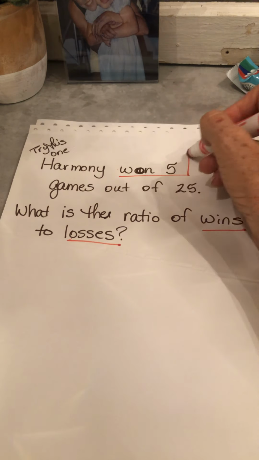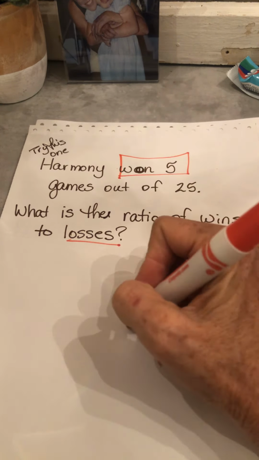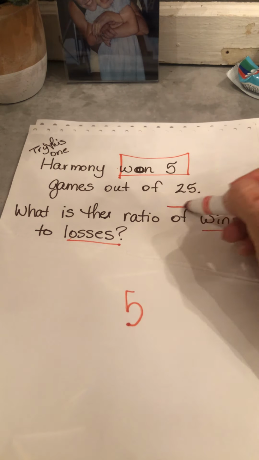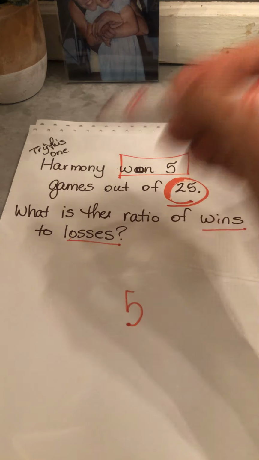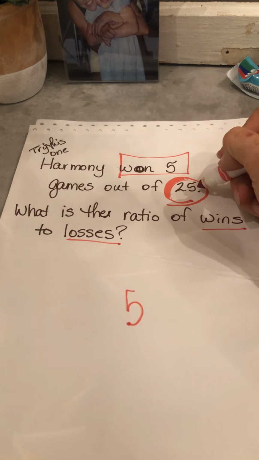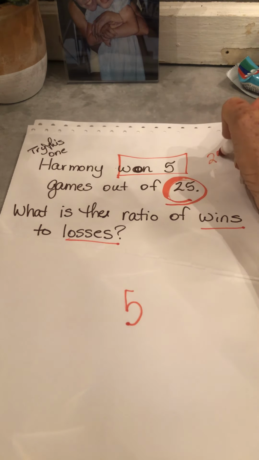Well, we know they won 5. How many did they lose? They didn't lose 25. There was a total of 25 games. Now, this is the way the GED will probably give you this question. We didn't practice it quite this tricky last week. It was more straightforward. Okay, there's 25 games total.